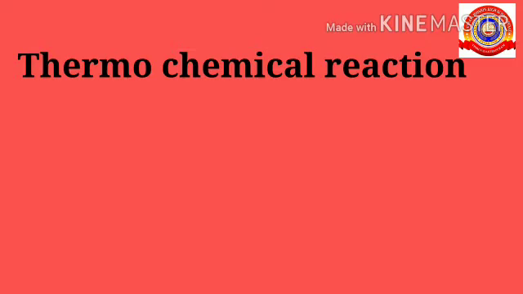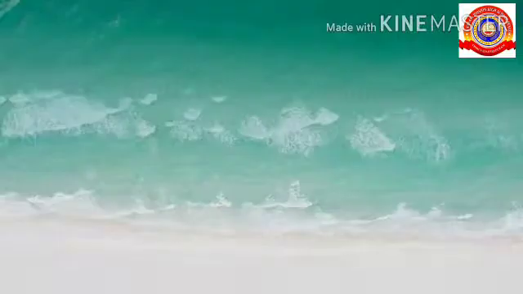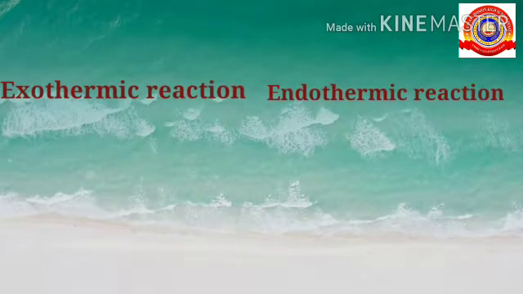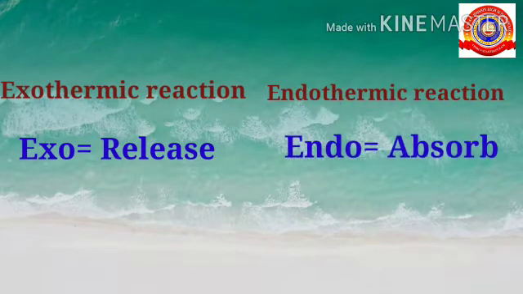Thermochemical reactions can be classified into two: exothermic reaction and endothermic reaction. First we want to know the meaning, so you can identify them easily. Exo means release and endo means absorb.